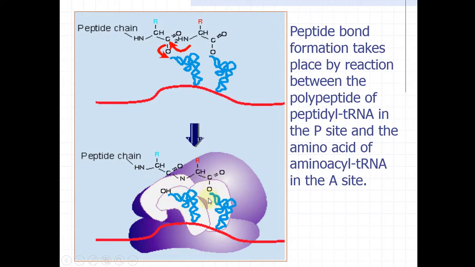These two tRNAs rotate about one another and the peptide bond is formed. Once it is formed, the peptide from the peptidyl tRNA is transferred onto the aminoacyl tRNA.